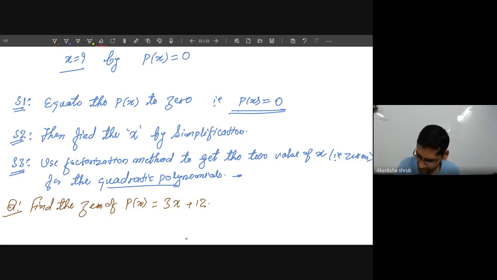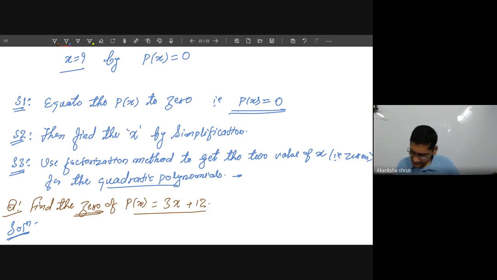A square we will see later. Let us take this 3x plus 12 is equals to 0. So here we have to find it. Student, in this case the value of x is not given, but the value of x we have to find. Okay, means this 0 we want to calculate and only this px is given.